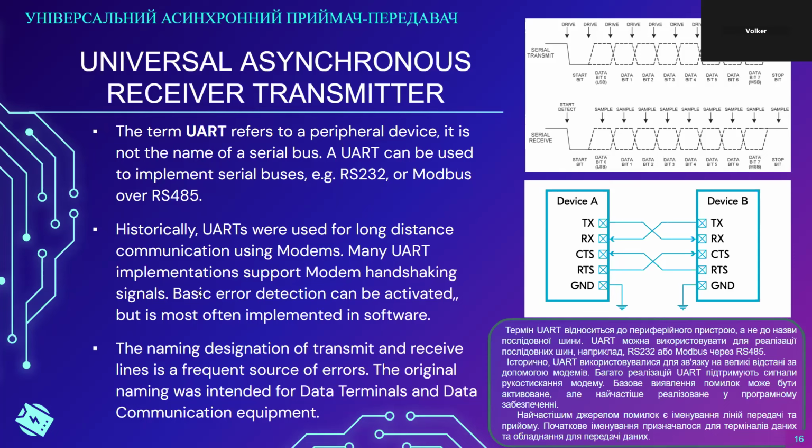What is being done is data is being put into packets, and then a cyclic redundancy check, a CRC, is being run over each packet as a means of error detection.